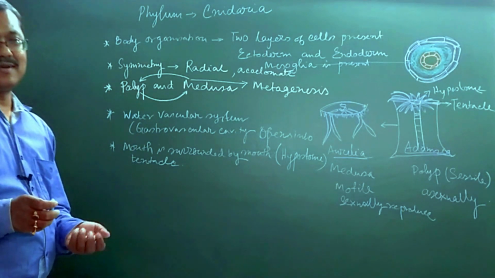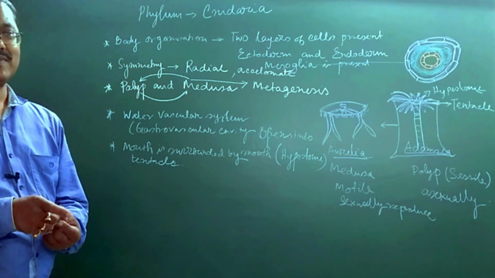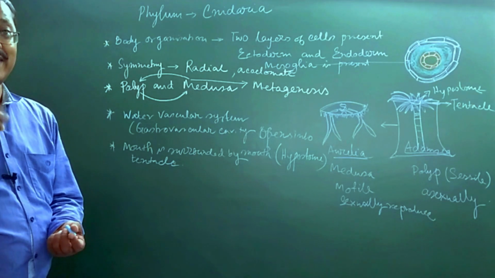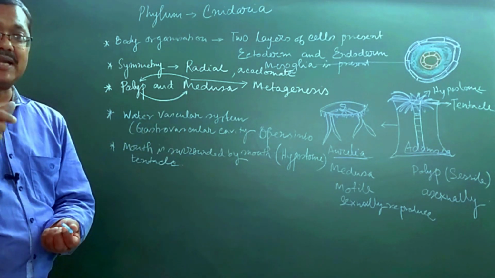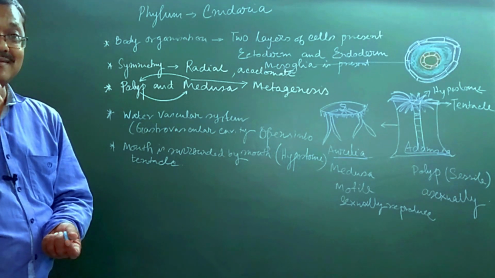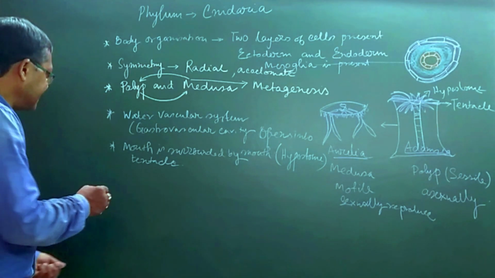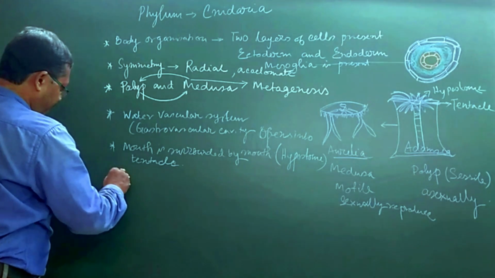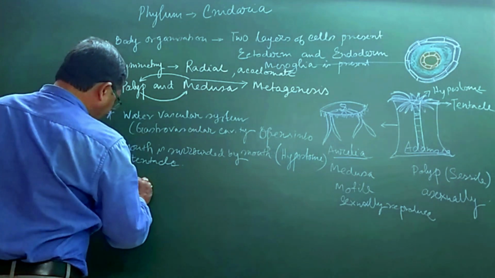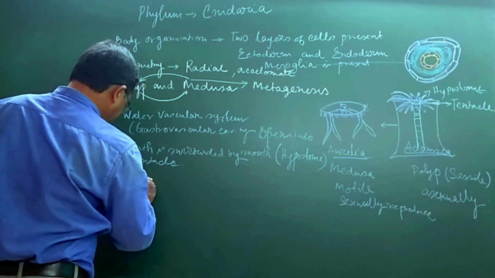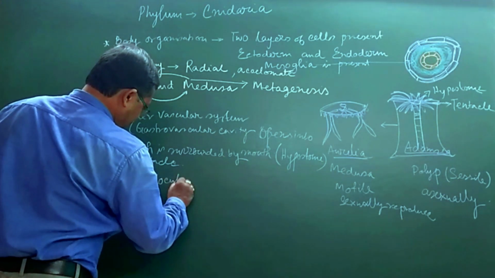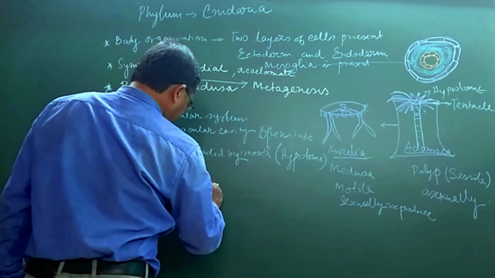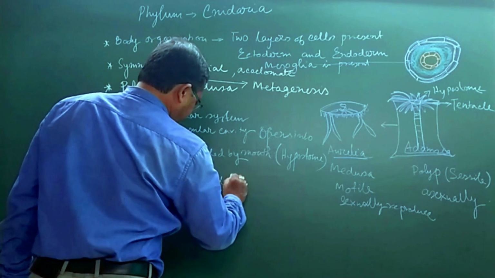For defense and capturing prey, tentacles play a very significant role. In the tentacles, a special type of defending cell is present. These cells are called cnidocytes or cnidoblasts.